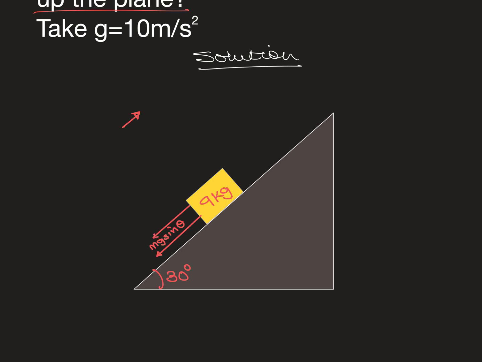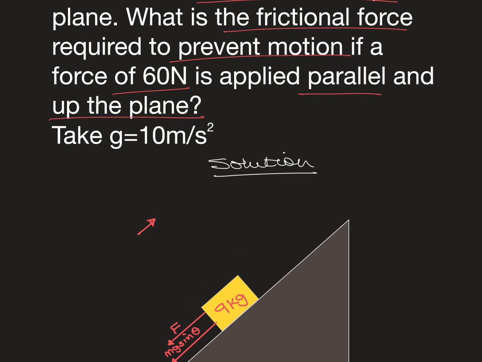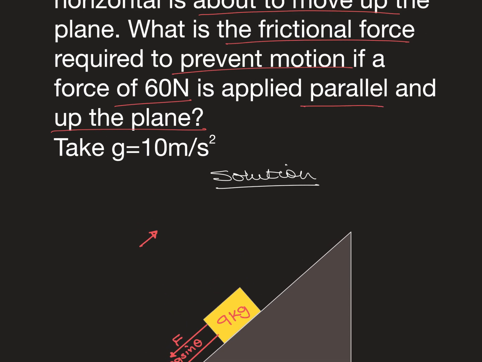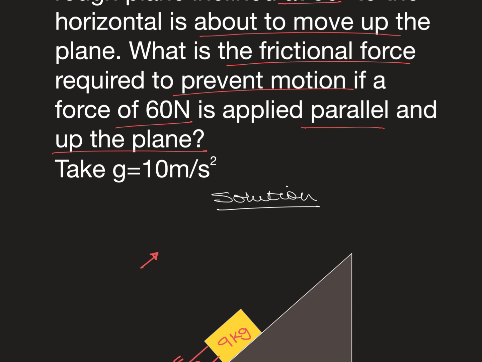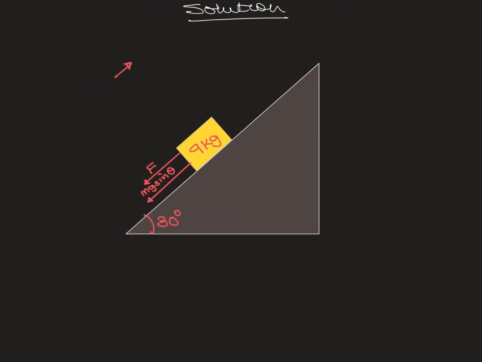So we're going to have friction F acting this way. The applied force is 60 newtons and is up the plane. That is the direction of the applied force. So that is P, the applied force, 60 newtons.